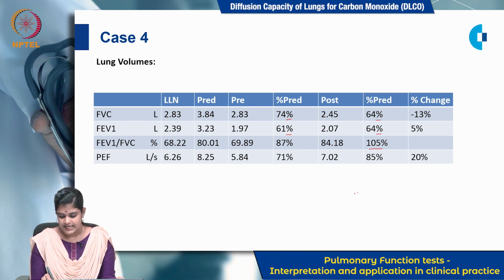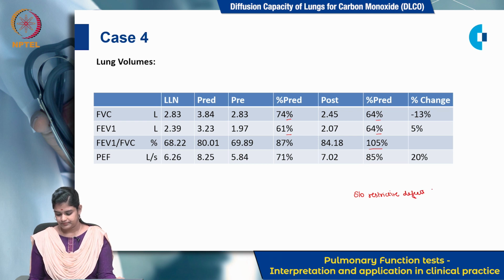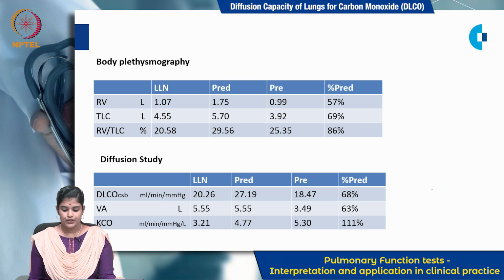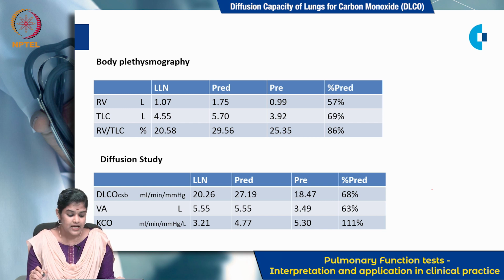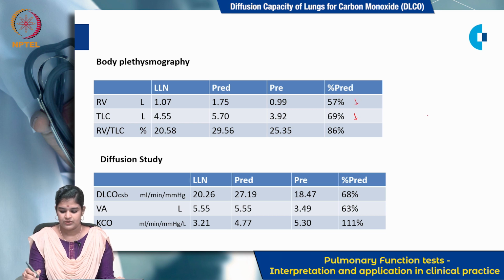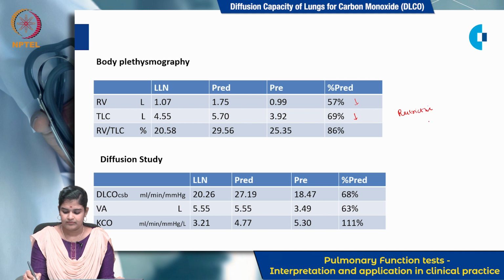So, this is suggestive of a restrictive defect. To confirm it, let us look at the body plethysmograph report. TLC is reduced, RV is reduced. So, this tells us this is a restrictive disease.